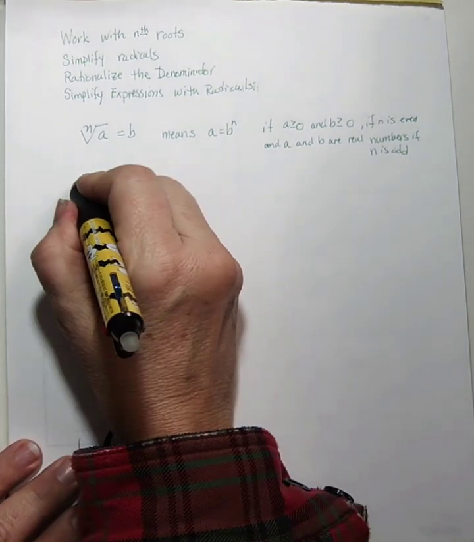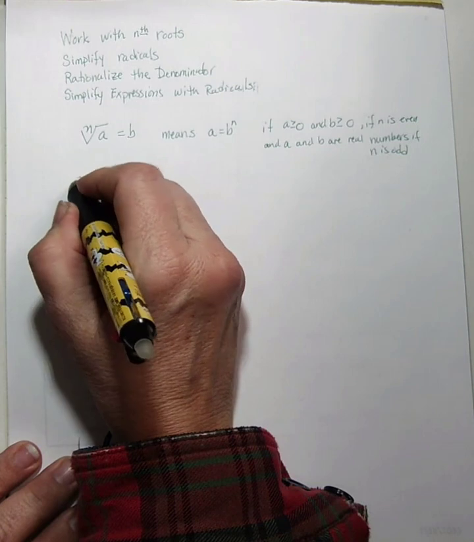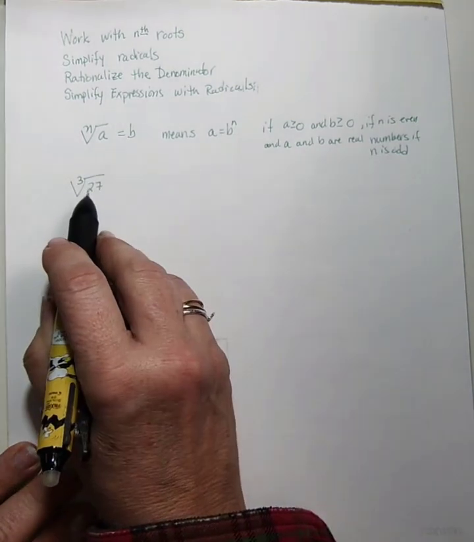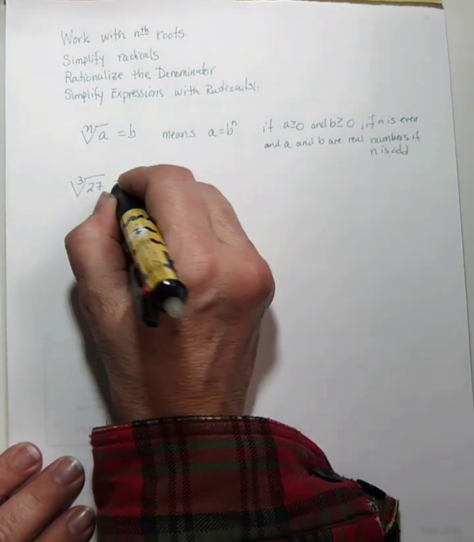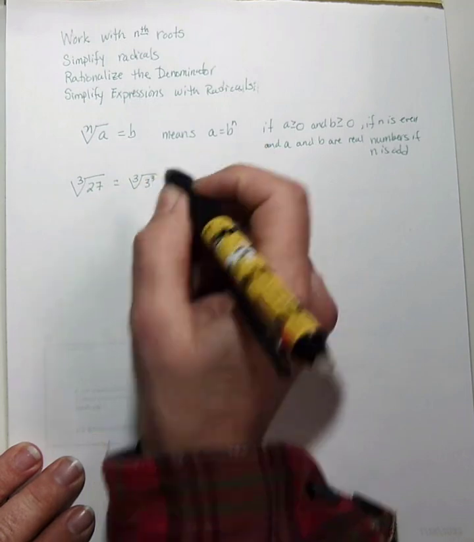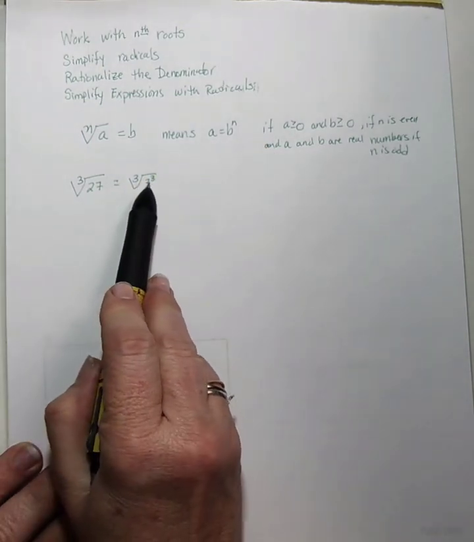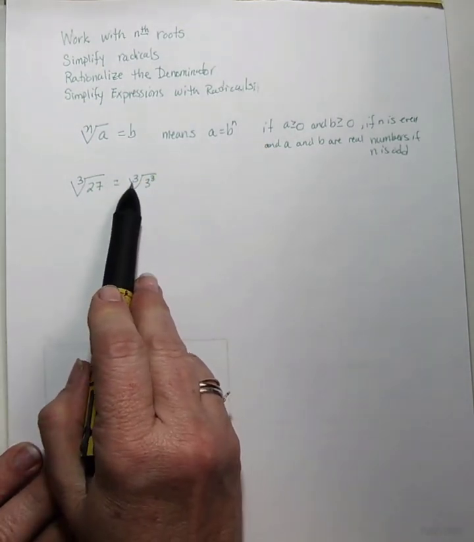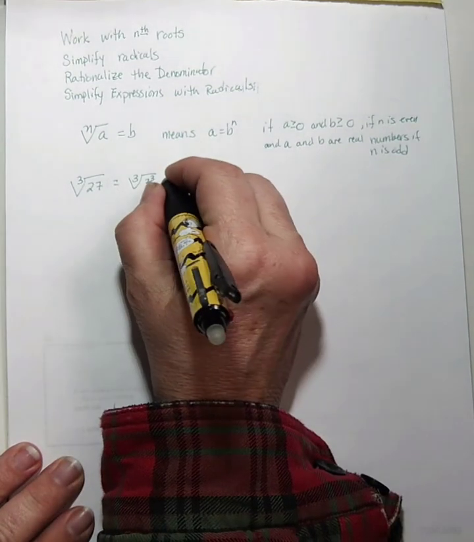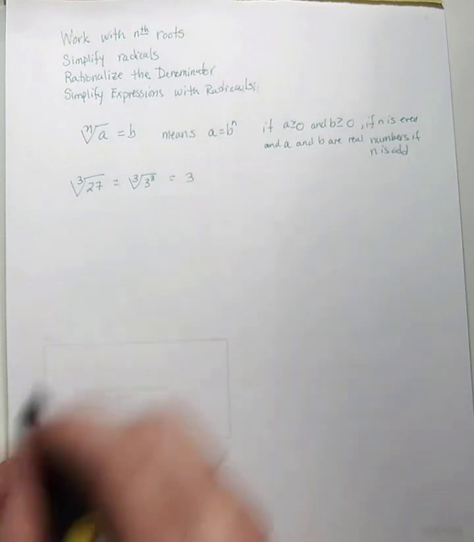So let's look at the cube root of 27. Now I can rewrite 27 as 3 being cubed. If these two numbers are the same, that means we have a perfect third root here, and we would say the answer to that is 3.